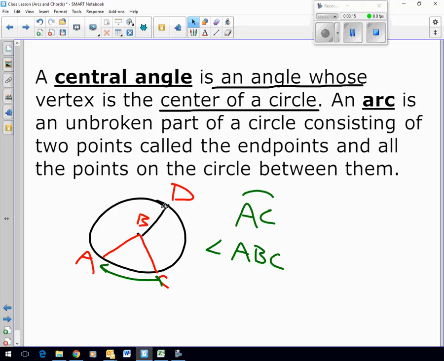So if you knew how many degrees angle ABC was, and how many degrees angle DBC was, how could you use that to find AC? Let's talk about it.